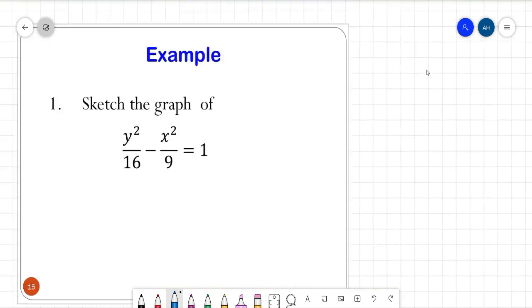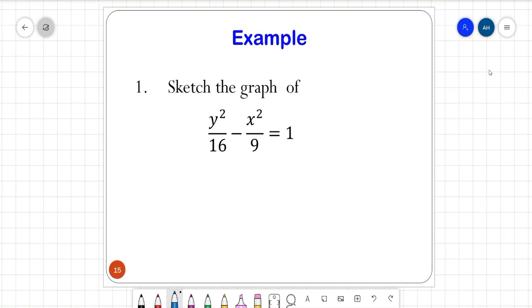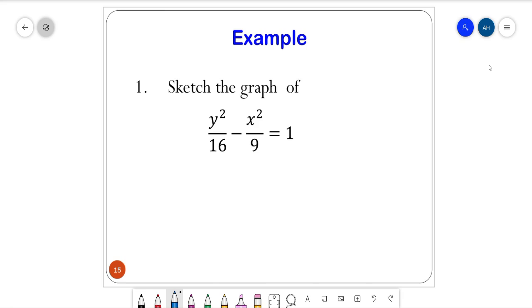Now let's do this example so that we can understand the process of sketching the graph of a hyperbola. In particular, if we are given the equation y square over 16 minus x square over 9 equal to 1, can we tell whether this is an equation of a hyperbola or not? Yeah, this is an equation of hyperbola.